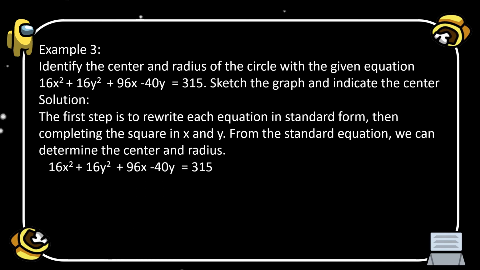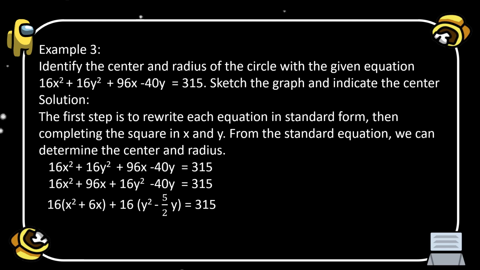From the given general form, we have 16x squared plus 16y squared plus 96x minus 40y is equal to 315. So we arrange that: 16x squared plus 96x plus 16y squared minus 40y is equal to 315.